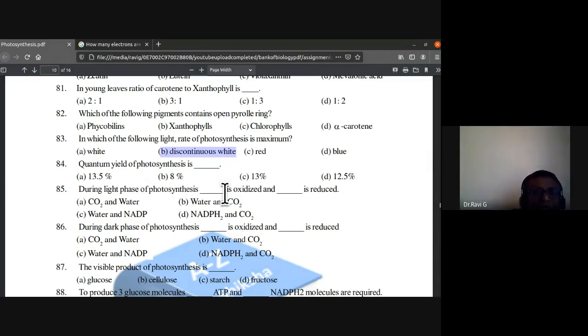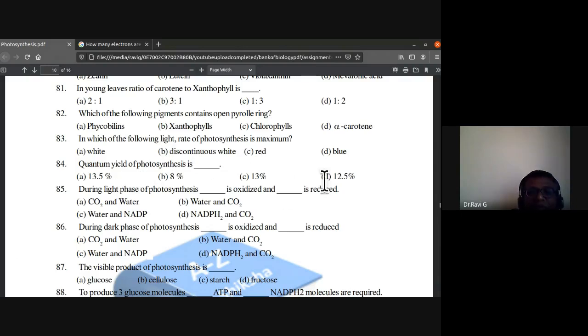Quantum yield of photosynthesis is 8%. For quantum yield of photosynthesis, they have given that option. We have to cross check that. So they have given it as B. Okay, 83rd is B, discontinuous white.